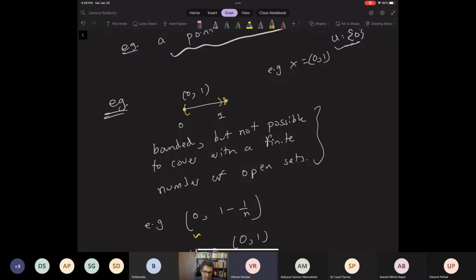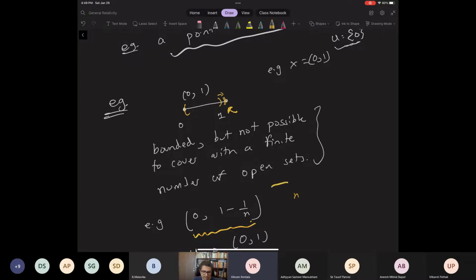So for example, I could try something like (0, 1 - 1/n), where I go on taking sets where n gets larger and larger, and I'm extending this one edge of the set closer and closer to 1.